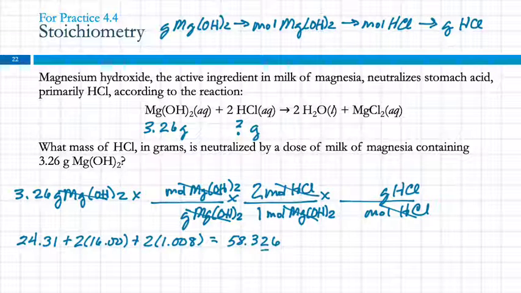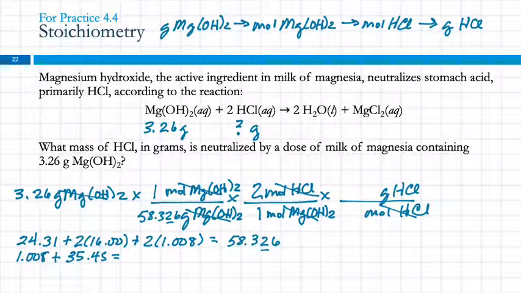So 1 mole of magnesium hydroxide weighs 58.326 grams. And then for HCl, the mass of hydrogen plus the mass of chlorine: 36.458. 1 mole weighs 36.458 grams.